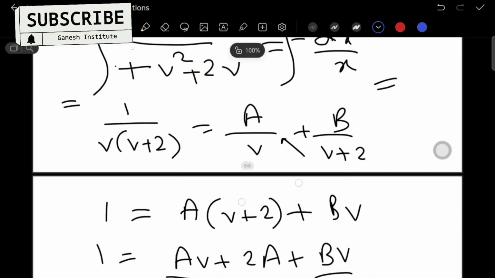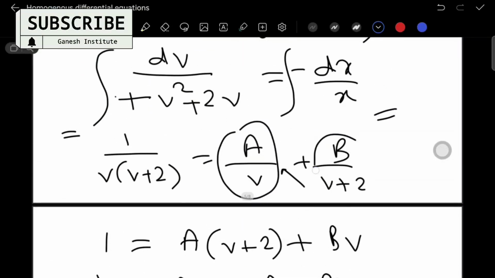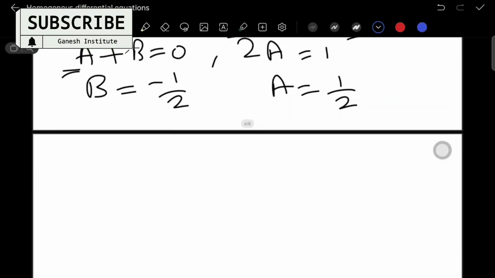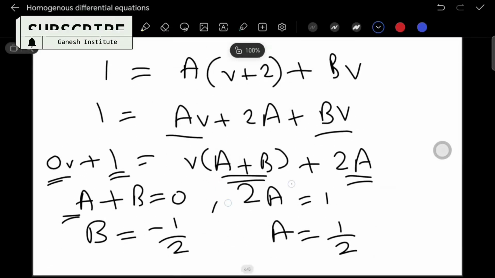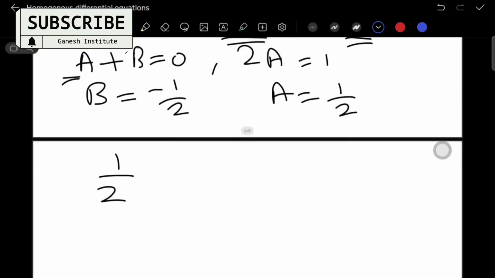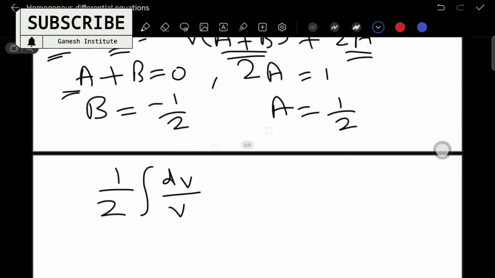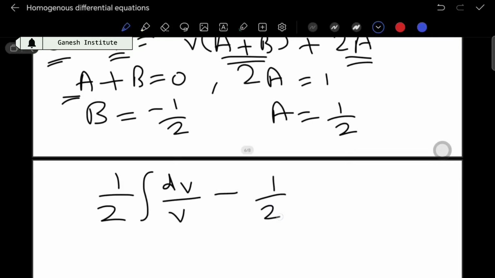So on putting the values here, a by v means 1 by 2v, and then b is minus 1 by 2.